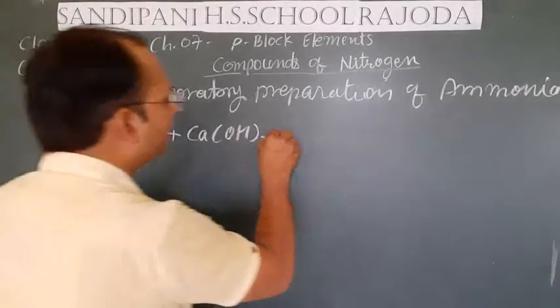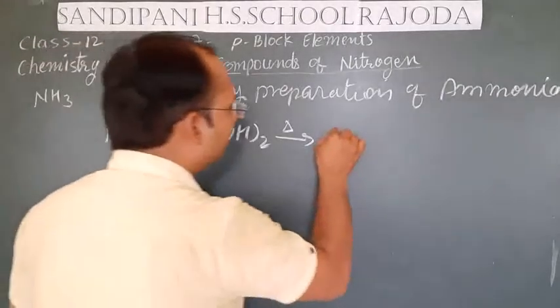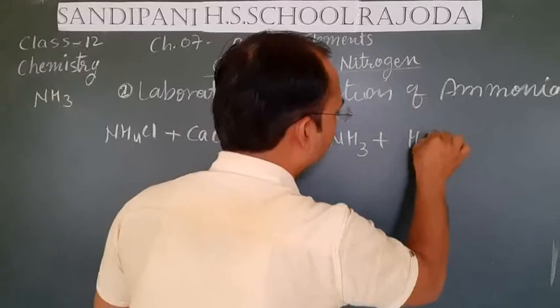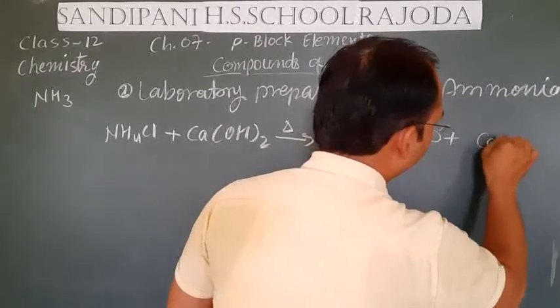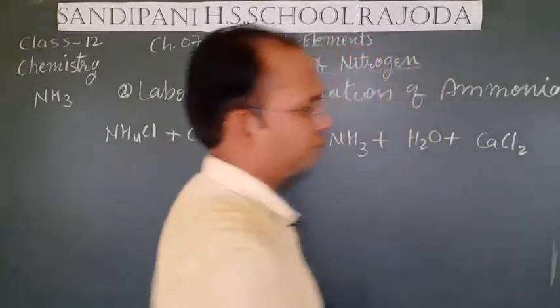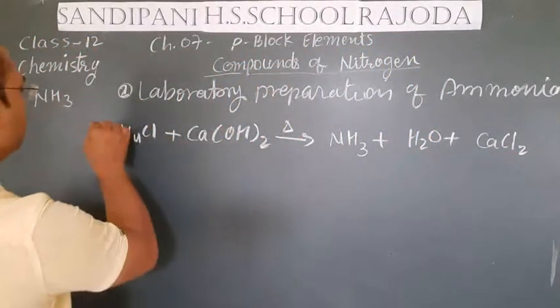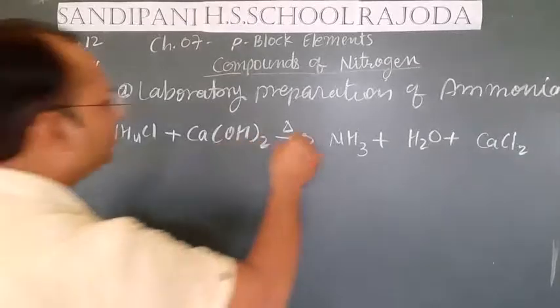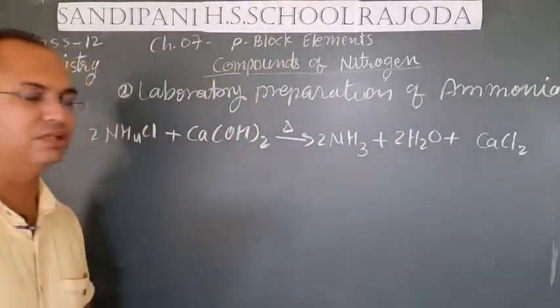When we heat them together, then we get ammonia NH3 plus water molecules, that is H2O, plus calcium chloride, that is CaCl2. Now if we balance this reaction, then 2 ammonium chloride, 1 calcium hydroxide, then 2 molecules of the ammonia and 2 molecules of the water are prepared here.